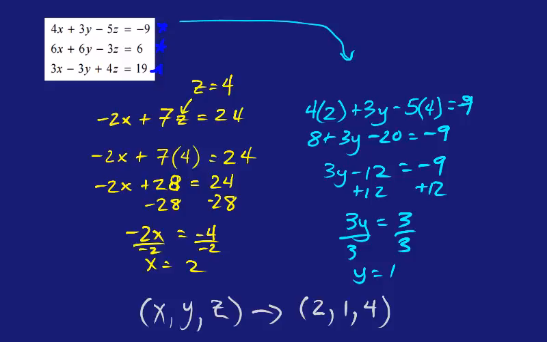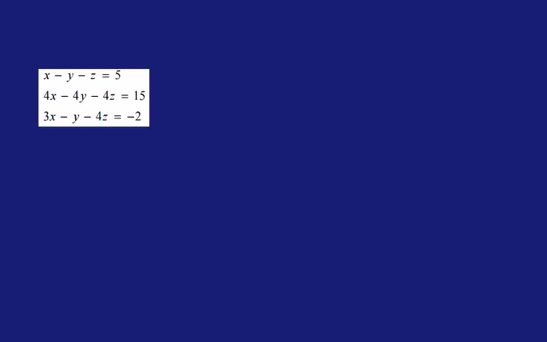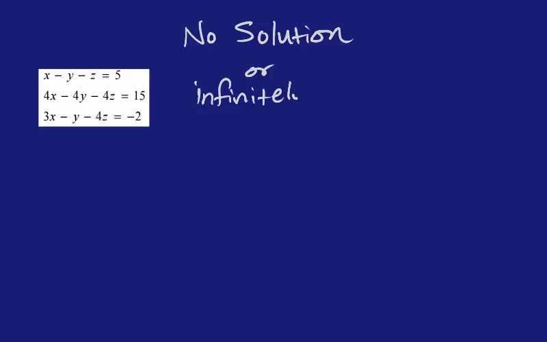There are some special situations. There are 2 types your teacher may ask: one where there's no solution, and another where there are infinitely many solutions. How do you know which situation you have?